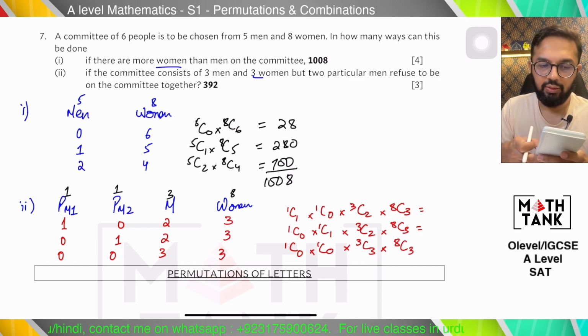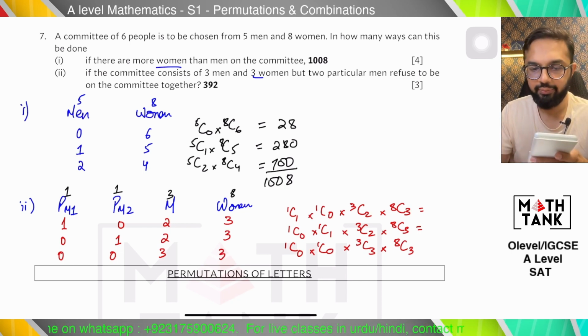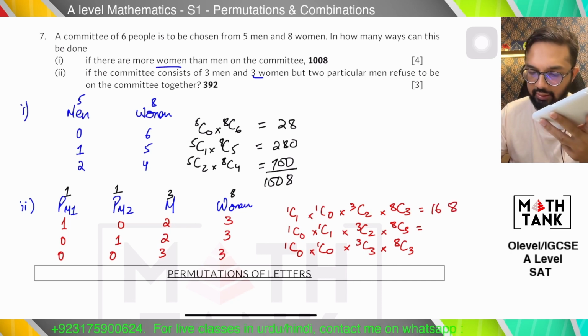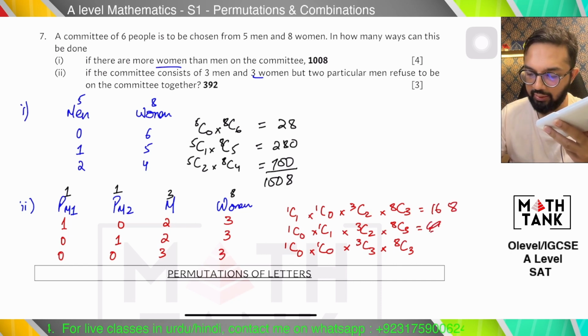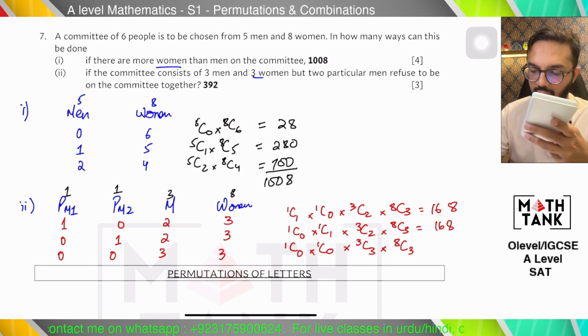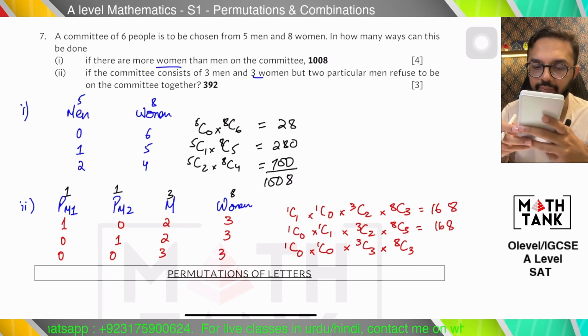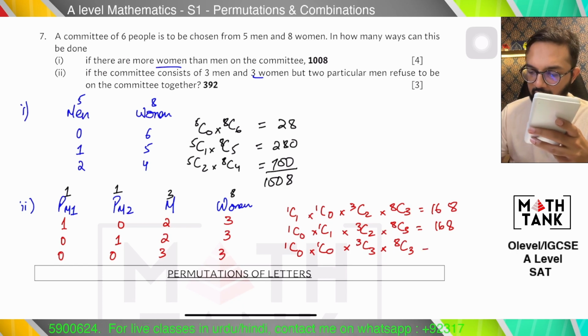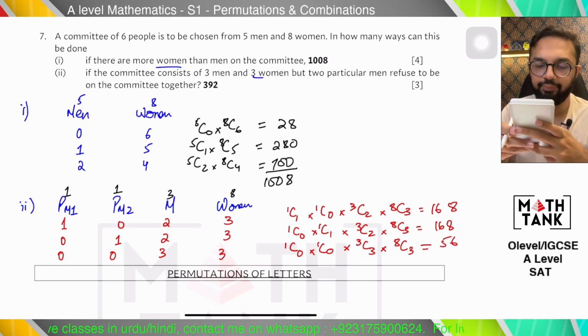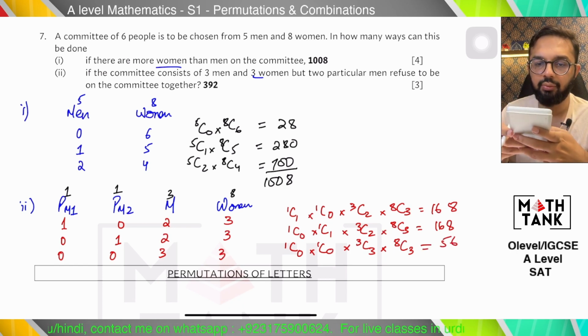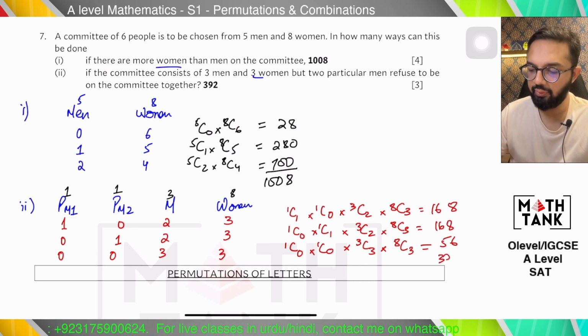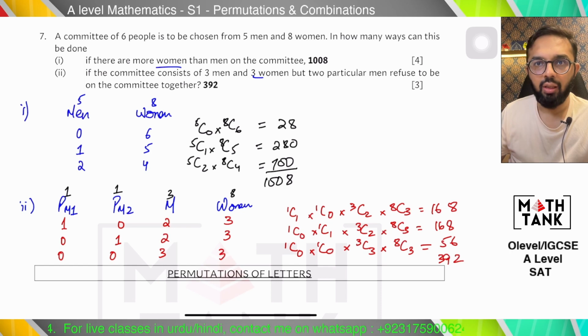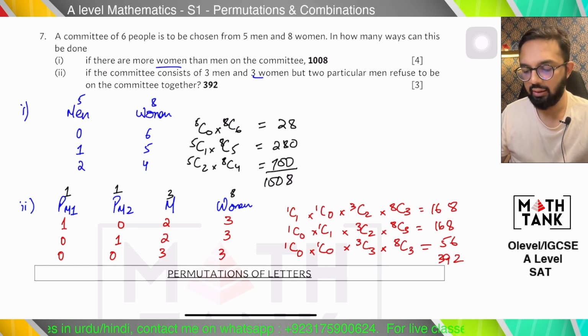So that's 8C3 into 3, 168. That's also 168 and 56, 392. Okay, that is the case.